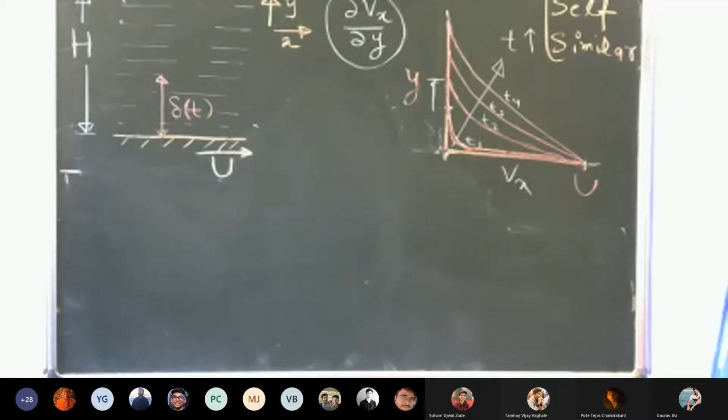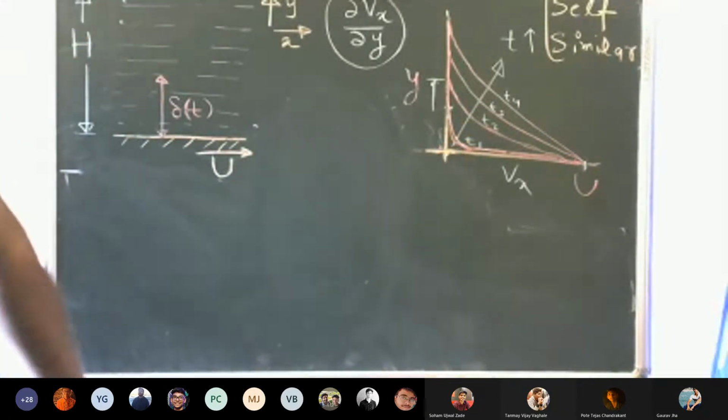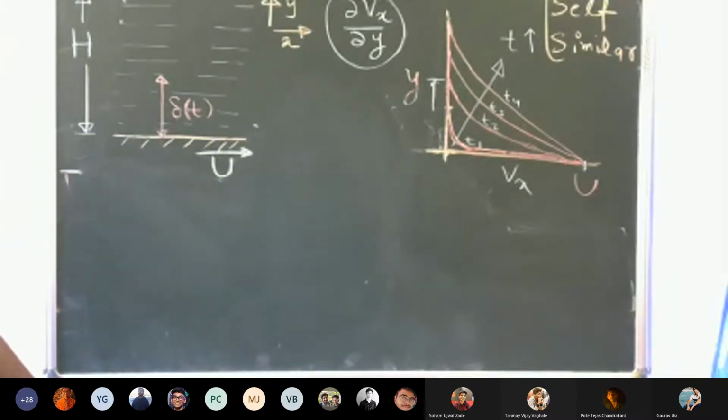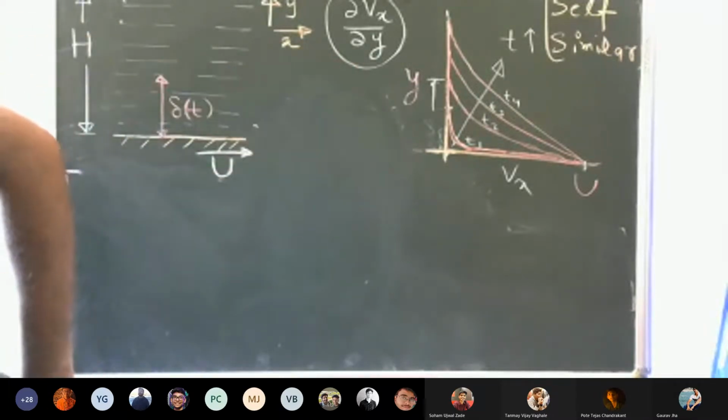If I ask you, we have so many curves. Can we do something here in this curve, with the x and y axis, so that we can get only one plot?